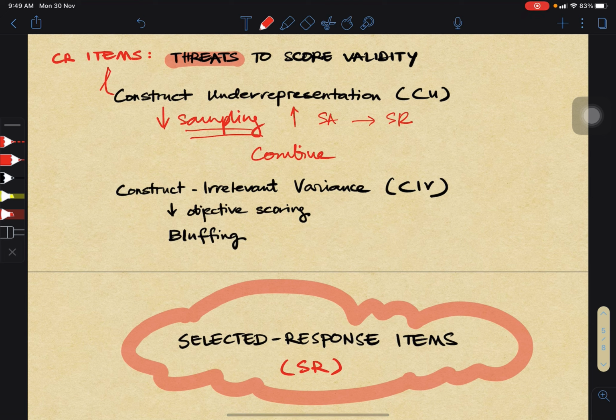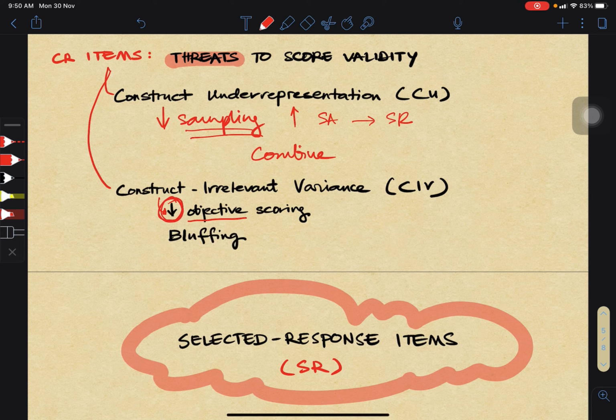Let's go to the second type of threat to score validity: construct irrelevant variance. I hope you still remember what all these things mean from the earlier classes. Okay, construct irrelevant variance means problems in the question which are not related to the construct. And of course one of the causes of the CIV is the reduced objective scoring here.